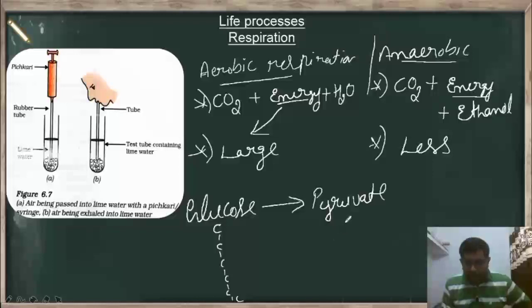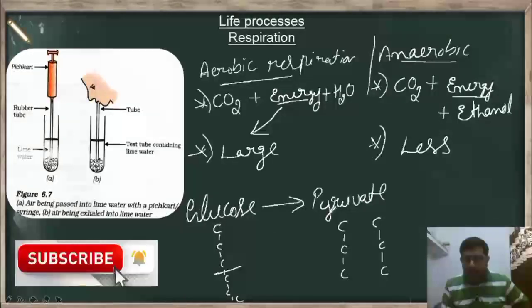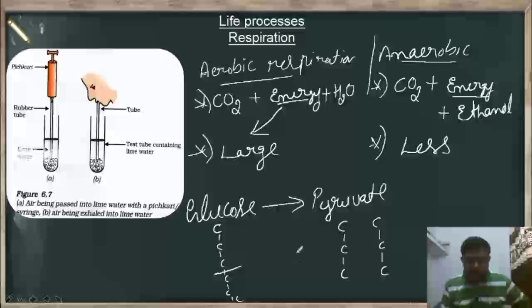That is C, C, C, and it breaks the carbon chain here and forms 2 molecules with 3 carbons each. That means whenever one glucose molecule breaks down, it forms how many pyruvate? It forms 2 pyruvate, which has 3 carbon in the chain. And this process is the same in both aerobic respiration and anaerobic respiration.